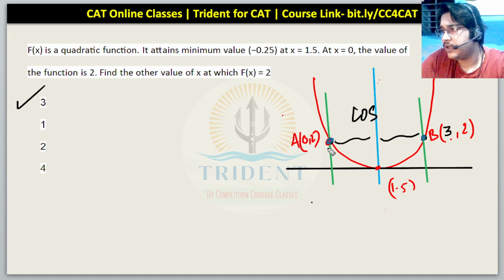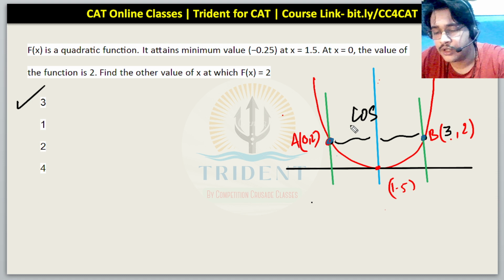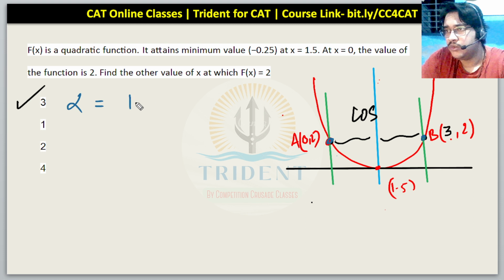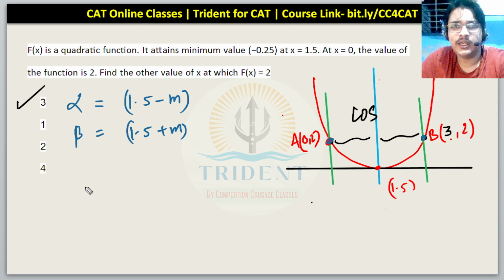These points I don't know, but I have to assume that they are equidistant from the line of symmetry, as I just mentioned. So the points can be assumed as alpha equals 1.5 minus m, and beta can be taken as 1.5 plus m. Now, at this point, how do we form a quadratic function in general?